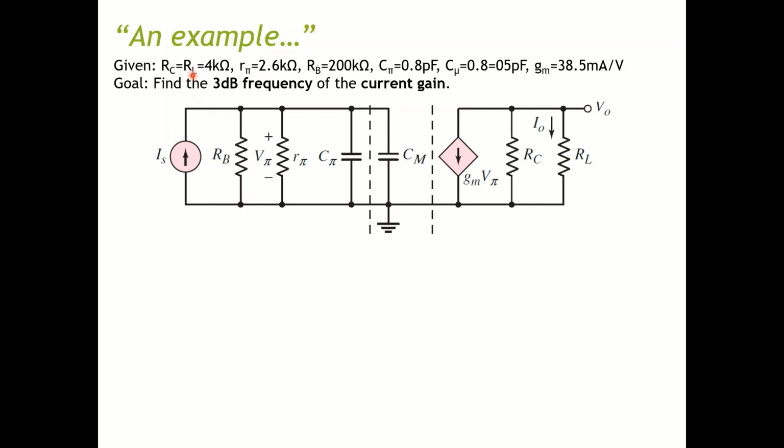I want you to find the 3 dB frequency, or the corner frequency, of the current gain, assuming both with the Miller effect and without the Miller effect.